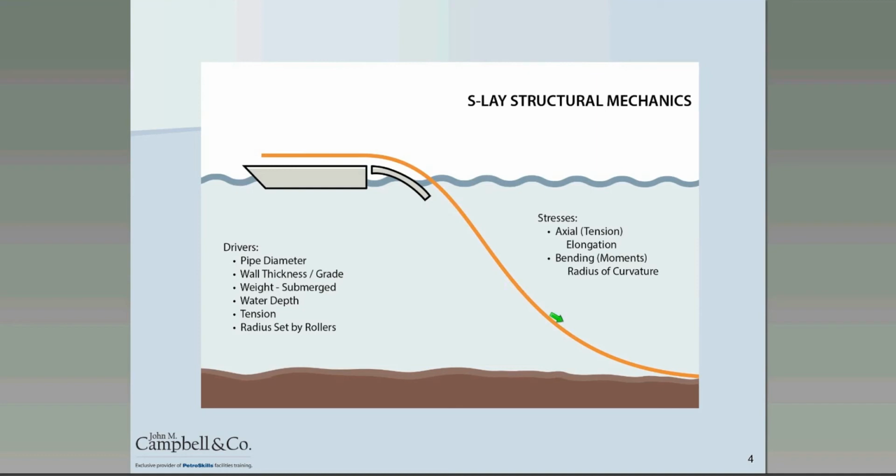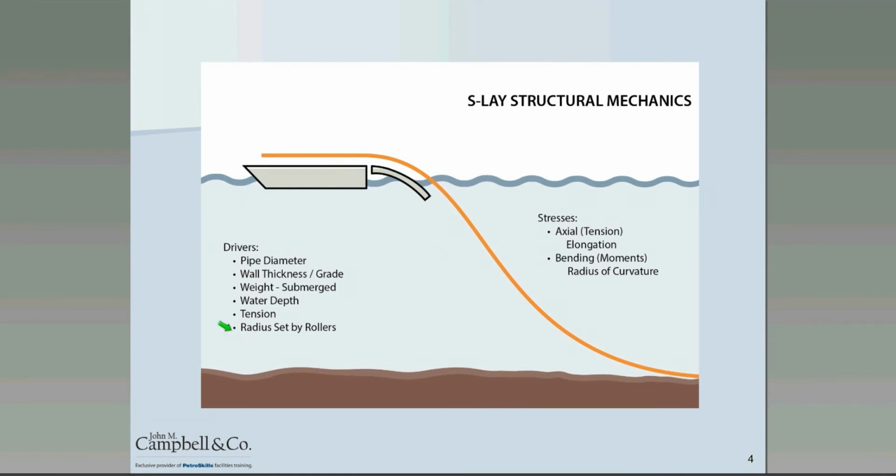The tension will then have a major impact on controlling the curvatures and the configuration of this pipe. It'll have an important impact on what the radiuses will be down here in the sag bend area. It'll also have a major impact on locating the point of inflection along the pipe, where I transition from overbend to sag bend.